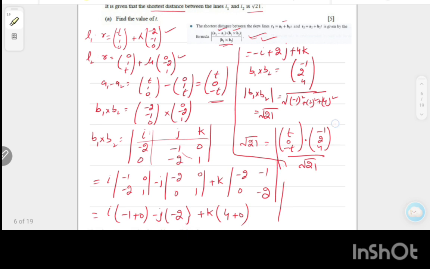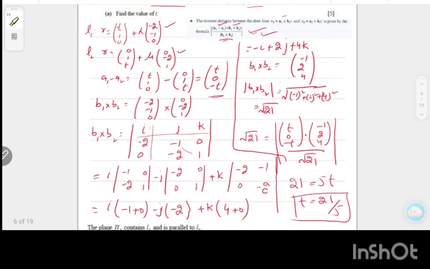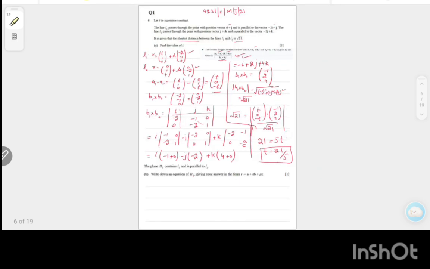After applying the absolute value and multiplying these terms, we get 5t. Then after simplification our answer is 21 by 5. This is our final answer. Hopefully, dear student, you can understand this question.